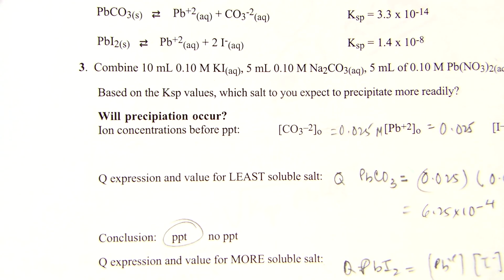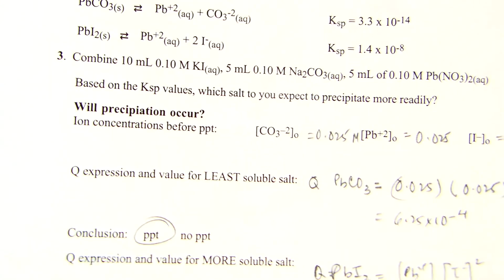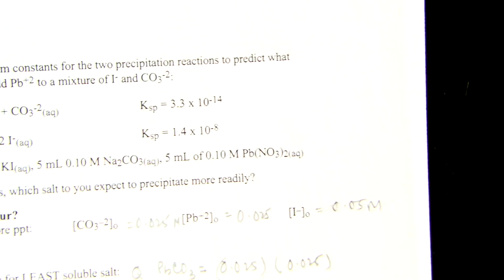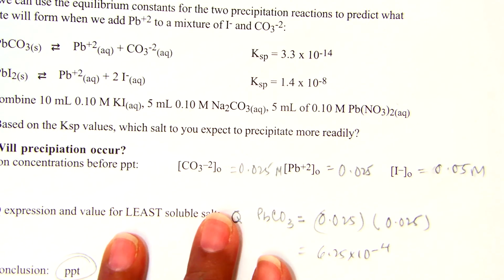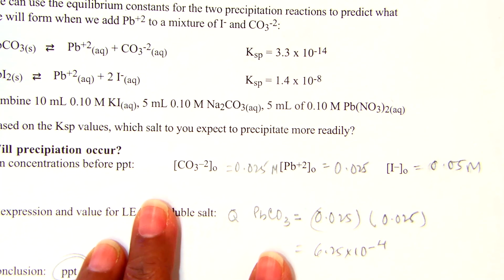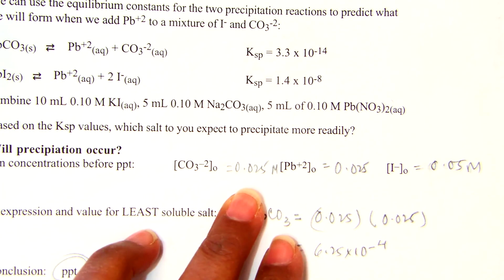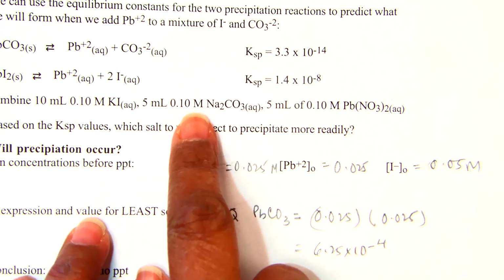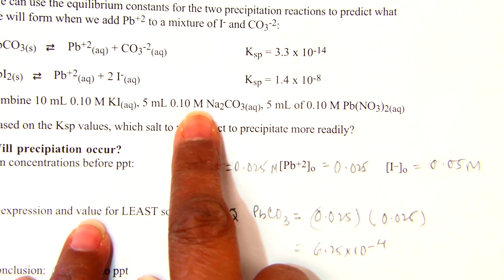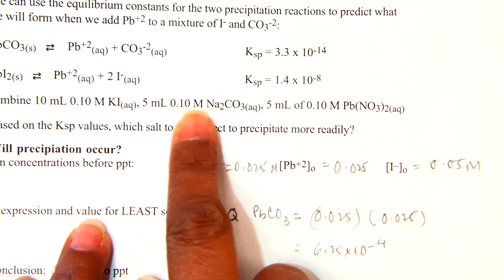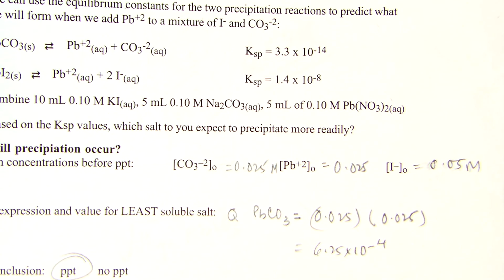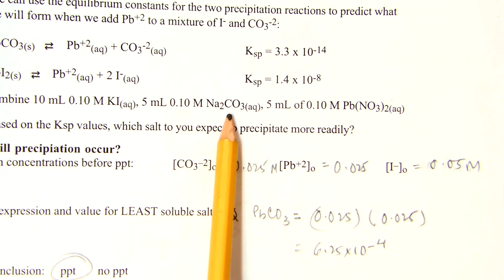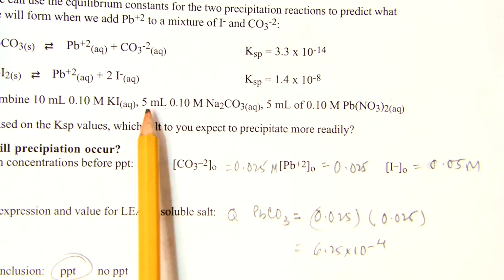First, we get carbonate's molarity by multiplying volume and molarity of sodium carbonate to get moles of sodium carbonate, and because in 1 mole of sodium carbonate we have 1 mole of carbonate, that will be moles of carbonate. Then we divide it by total volume, which will be 10 plus 5 plus 5, or 20 mL in this case. So you get 0.025 molarity of carbonate.